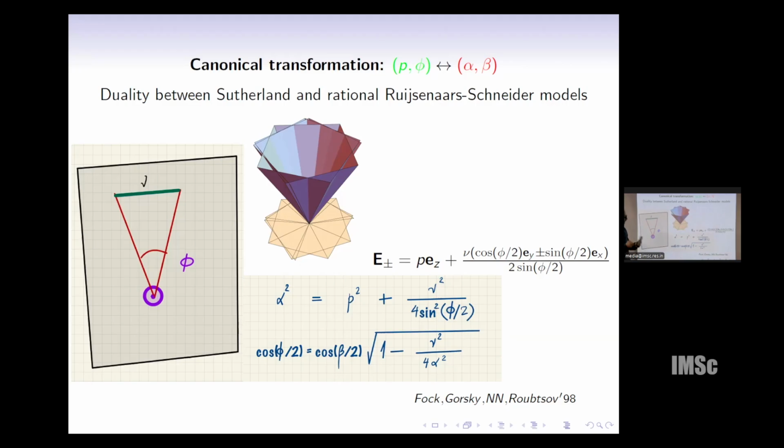So there is some kind of duality which I studied with Fogorsky and Rubtsov many years ago, which in this case is a duality between Sutherland and rational Ruijsenaars-Schneider models.